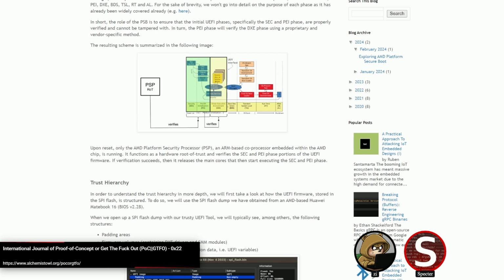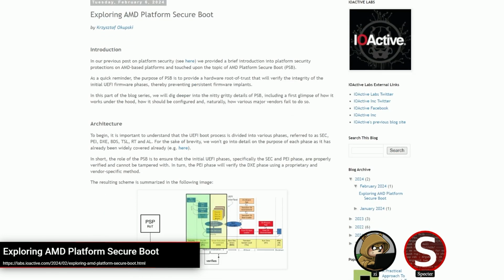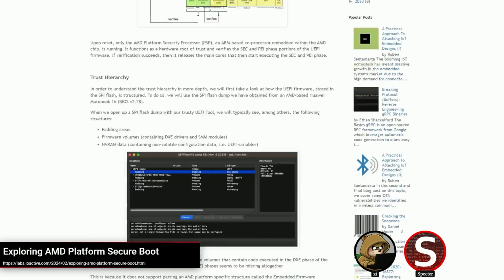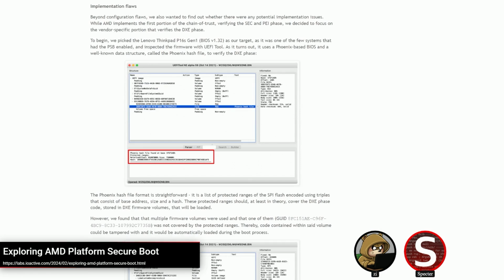Another shout out that we have was a post from IOActive on exploring AMD platform secure boot. This has a fair amount of overlap with the presentation that IOActive gave at Hardware IO. This is talking about AMD's secure boot process, at a lower level than what most people are used to.